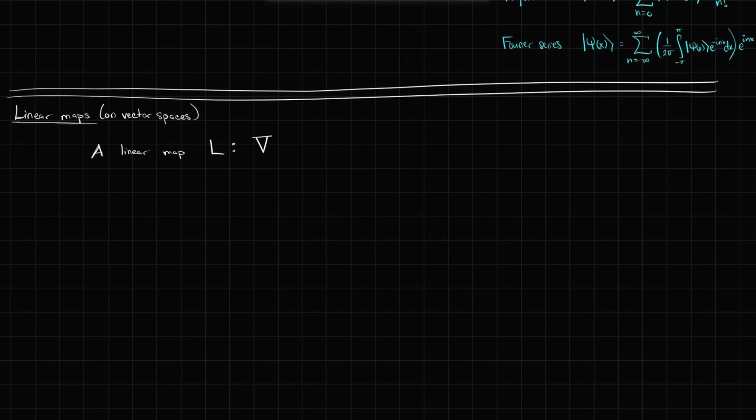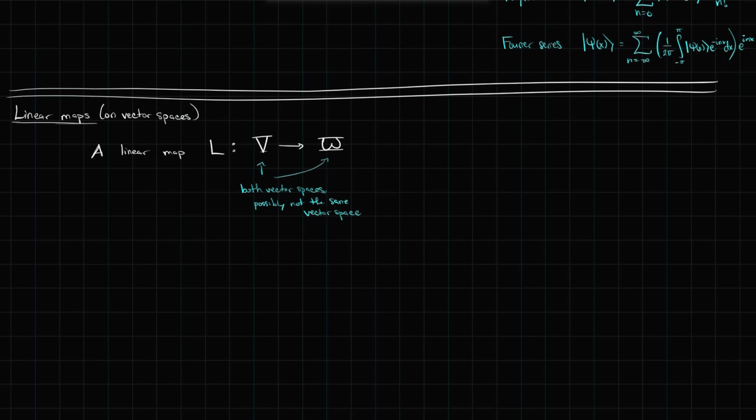And we're going to take some vector space and we're going to end up in a new vector space. Okay, so both V and W are vector spaces, but possibly not the same vector space.